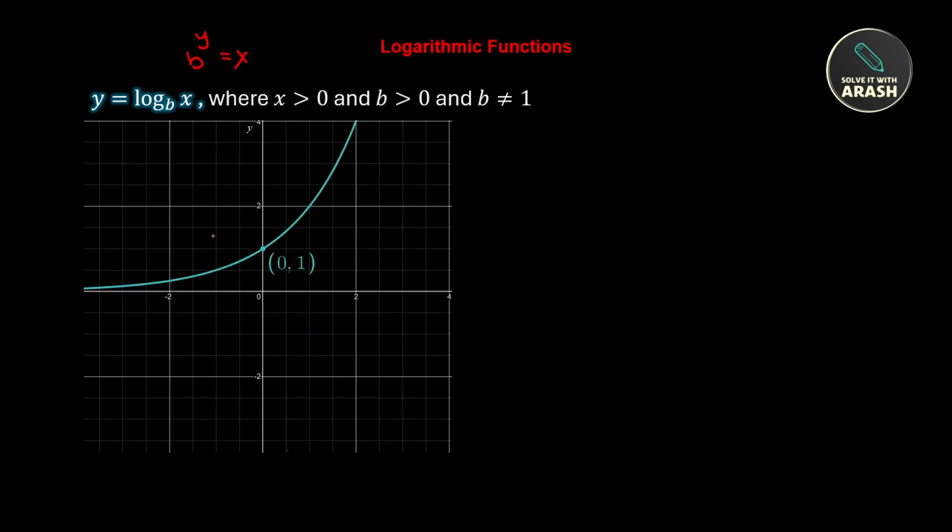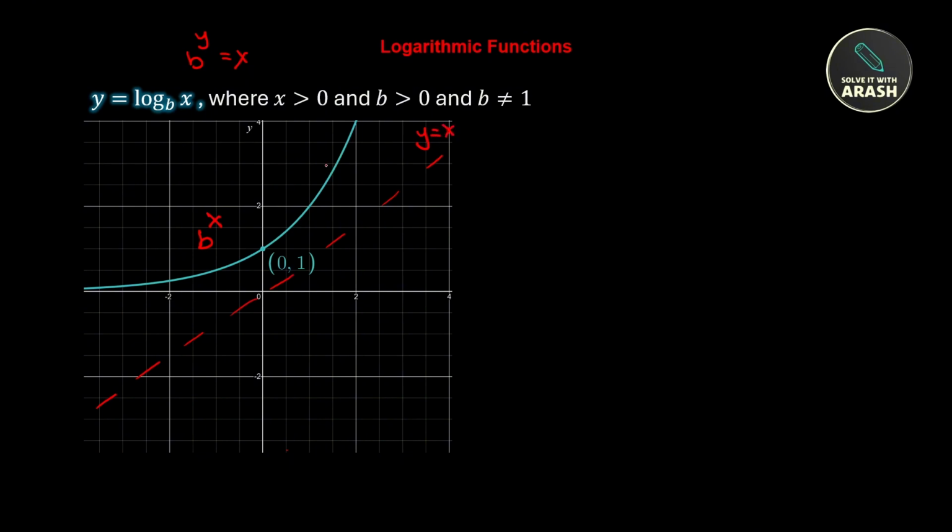If the graph of an exponential function b to power x looks like this, where b is greater than 1, so this is the graph of b to power x with b greater than 1, the inverse of it can be drawn by reflecting this over the graph of y equals x. So this dashed line represents y equals x.